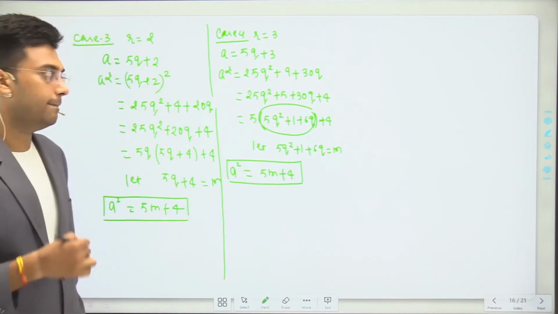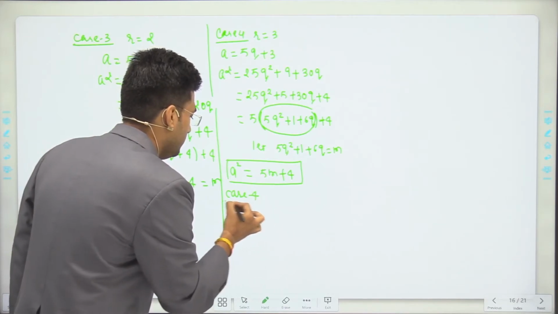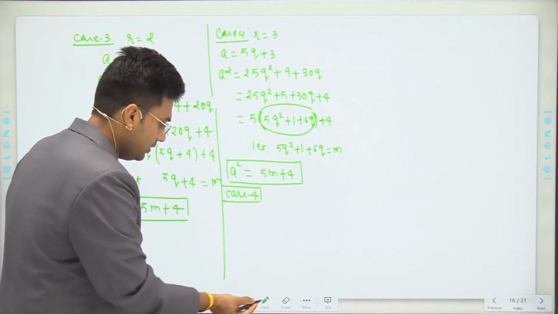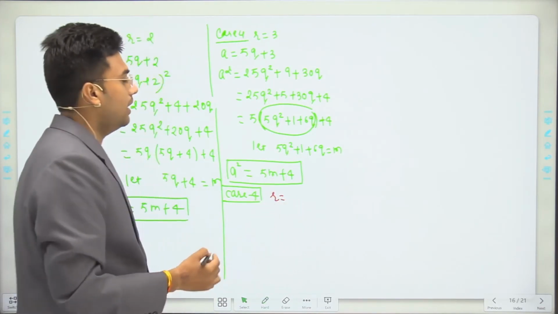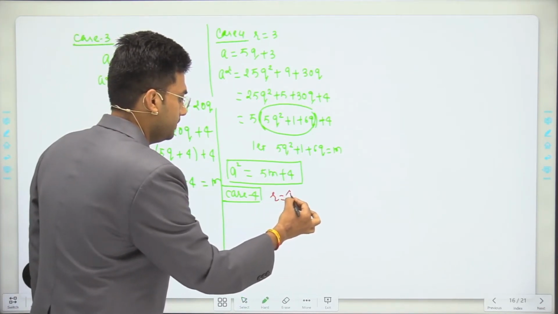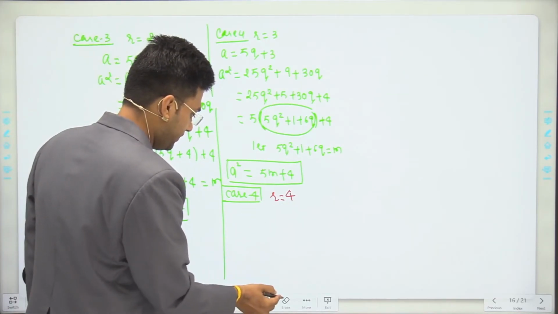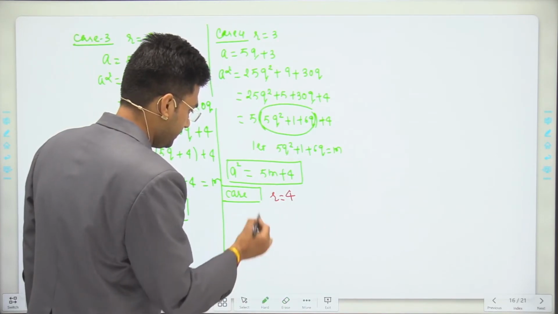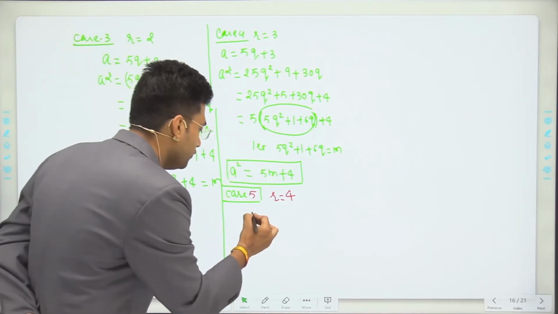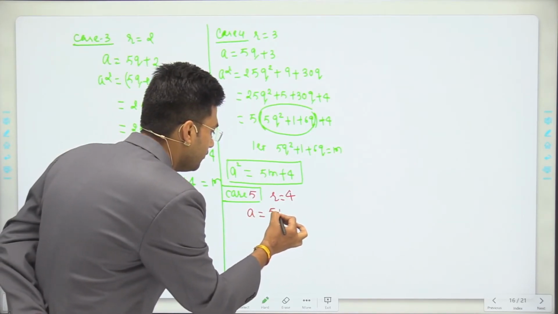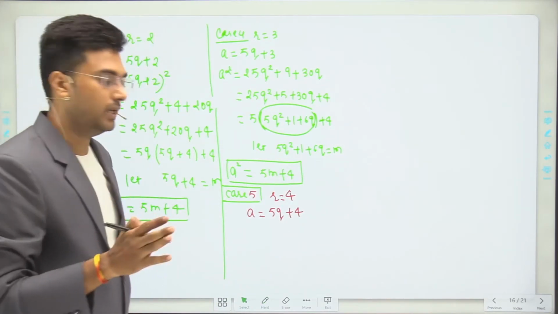Okay. Now case 5, r is equal to 4. If r is equal to 4, then a is equal to 5q plus 4.